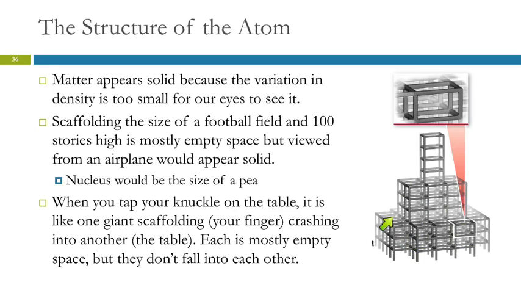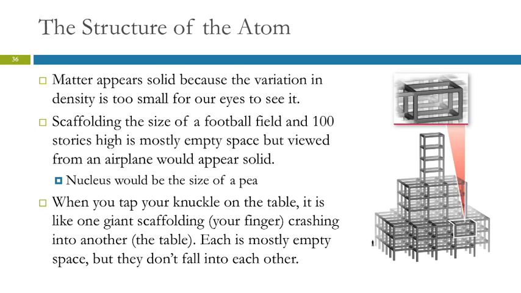Anyway, we have this big, big structure here. It's mostly empty space. It's got these cross beams and vertical supports, but inside, nothing, right? So think about a scaffolding or a jungle gym the size of a football field and 100 stories tall. Huge, right? It's mostly empty space, right? But if you get far enough away from it, from a distance, it's going to look solid.